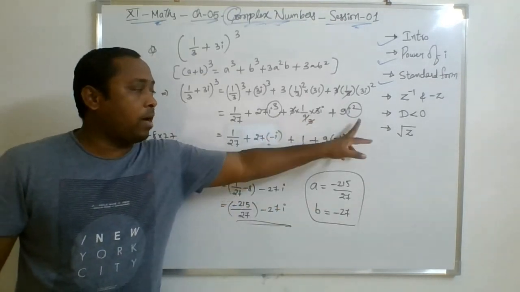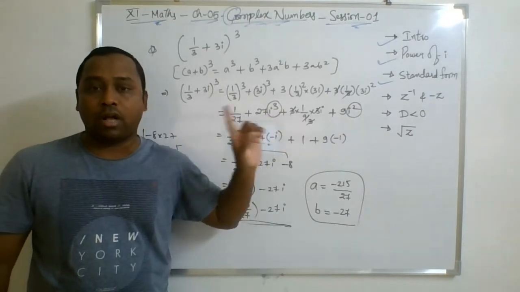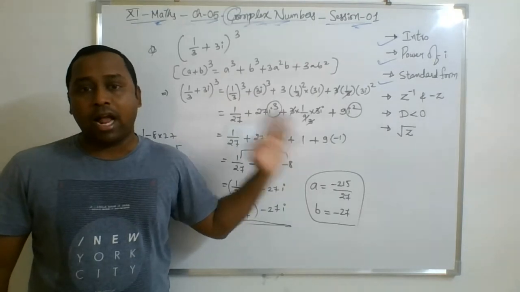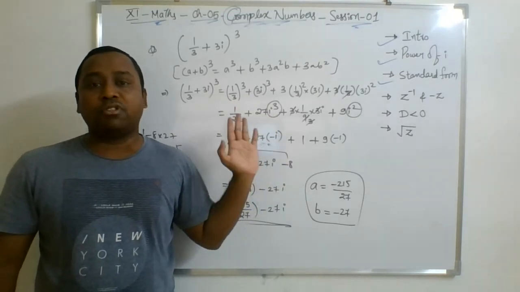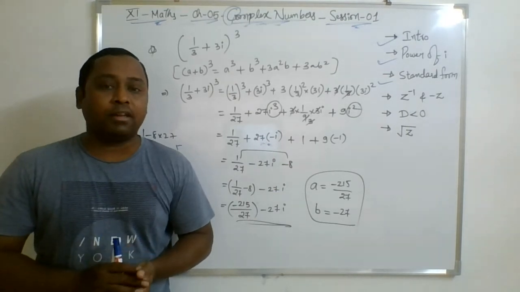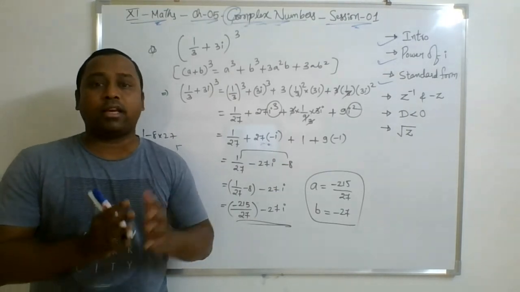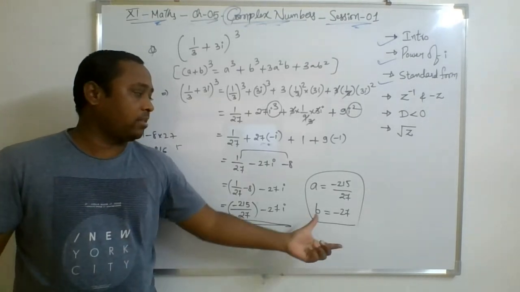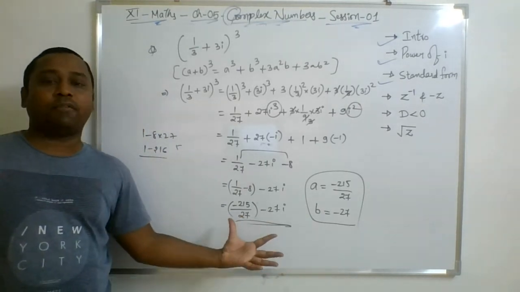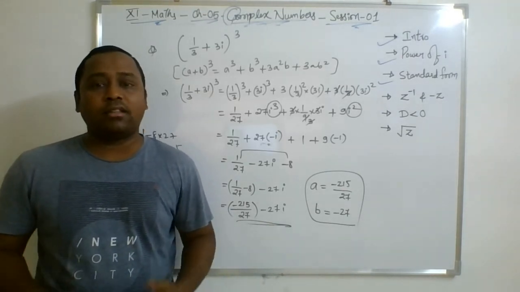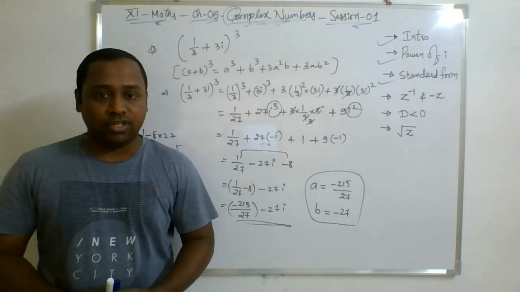Wherever i cube, i square, i power 4, apart from i, wherever iota terms will come, substitute their values. And like terms, always start grouping the like terms. Real numbers together, iota numbers together, and then you will see the final answer will always be expressible in the form of a + ib. Whichever part is not there, that value is considered as 0.